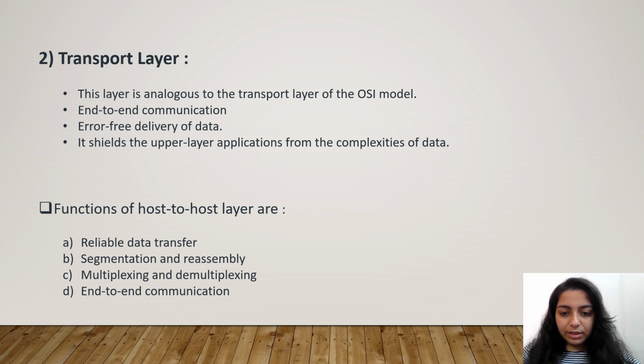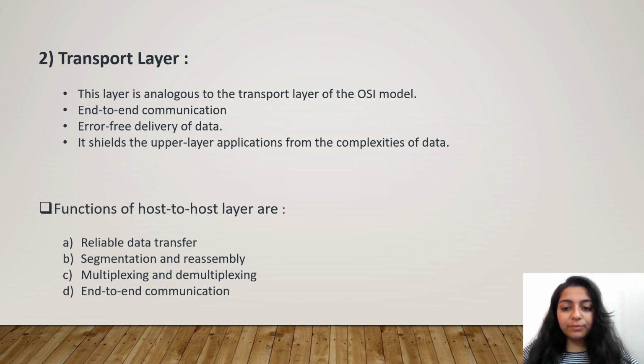Next is multiplexing and demultiplexing. So the transport layer is responsible for multiplexing the data on the sender's end, and then demultiplexing it at the receiver's end.